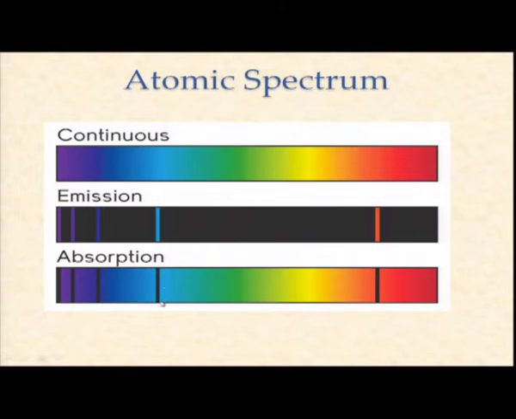Like that, here 4500 angstroms absorption has taken place. Here 4000 angstrom absorption has taken place. Like that, absorption spectra shows dark lines in a continuous color background.